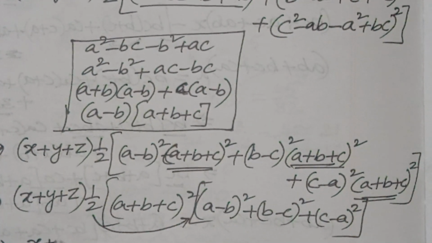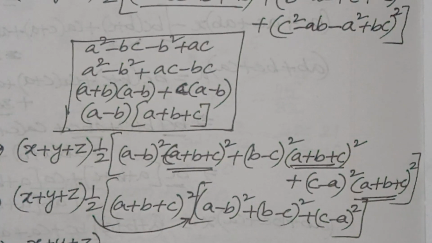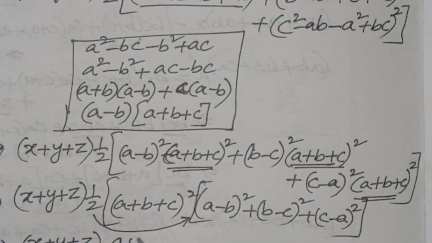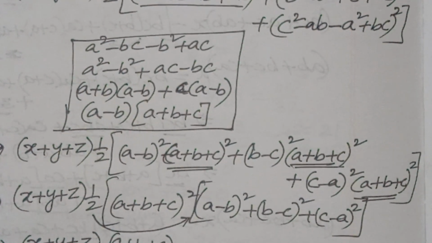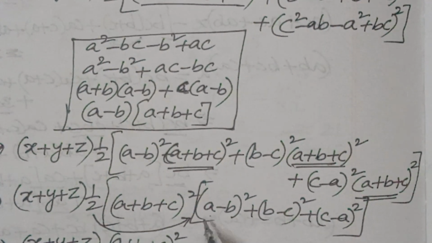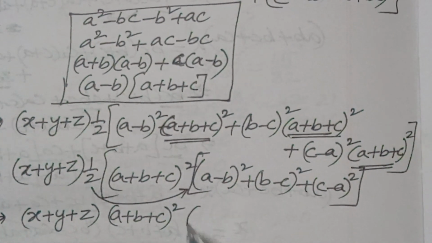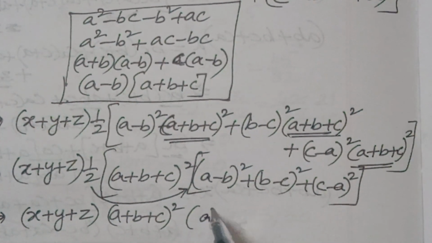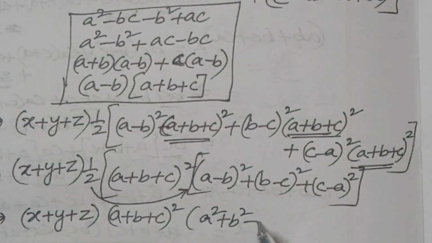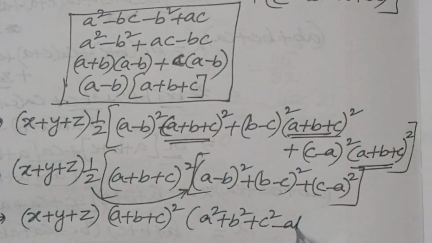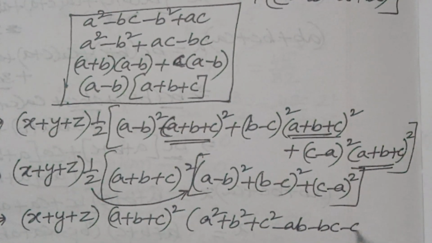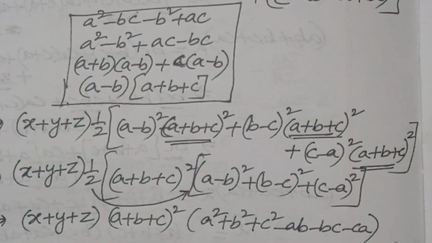Okay, next we'll substitute in this x plus y plus z. So here a plus b plus c whole square. Now half into this value, which we have written at the start, this half into this value will become a square plus b square plus c square minus ab minus bc minus ca.